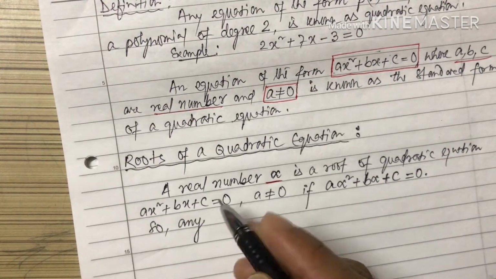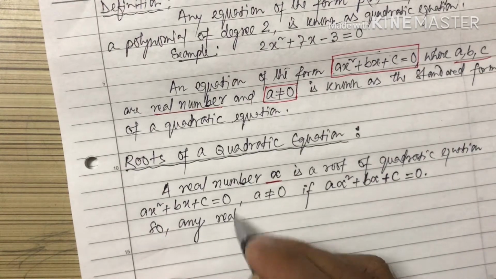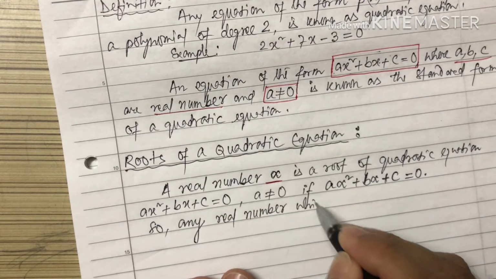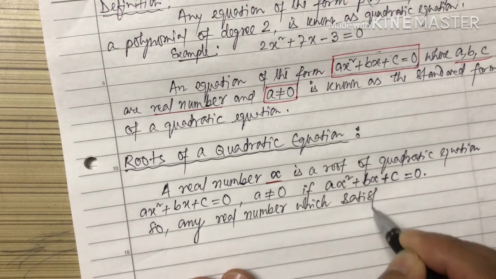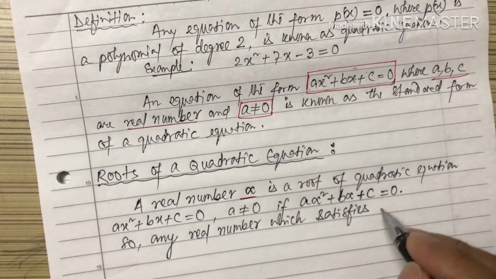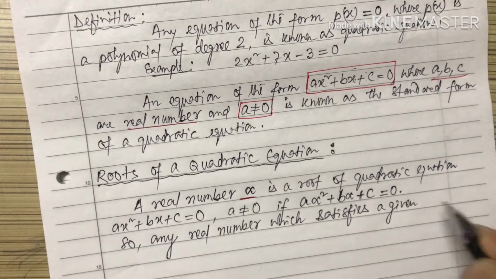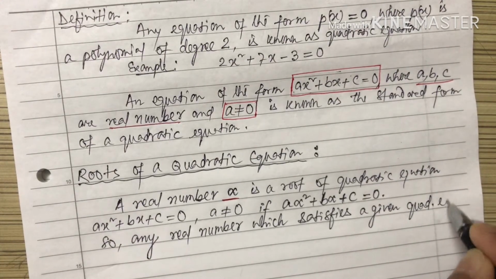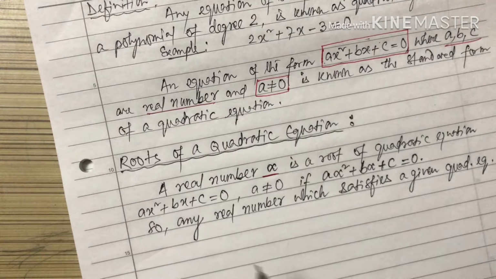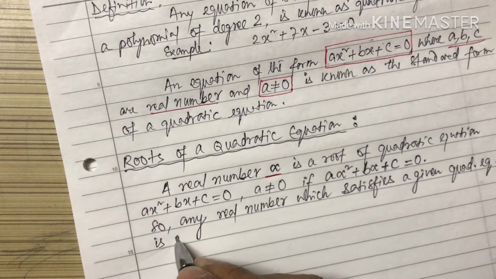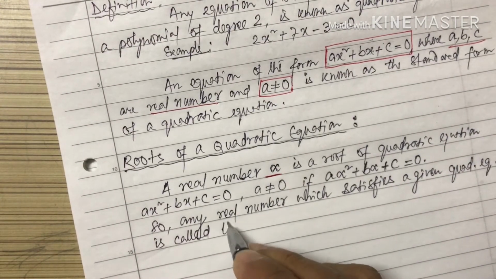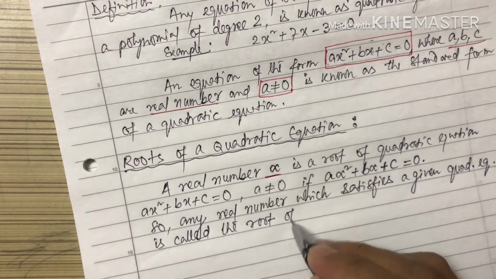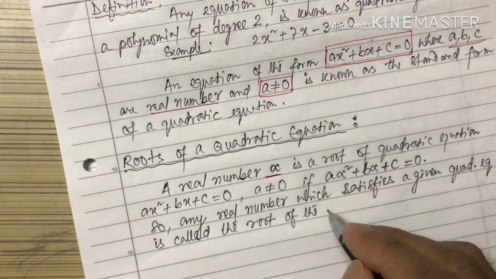Any real number which satisfies a given quadratic equation is called the root or roots, whatever, of the quadratic equation.